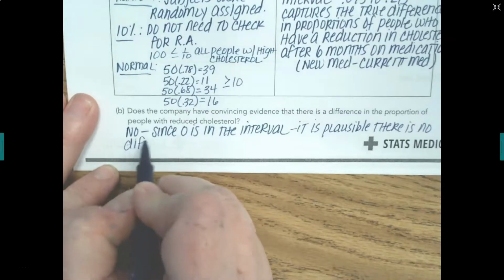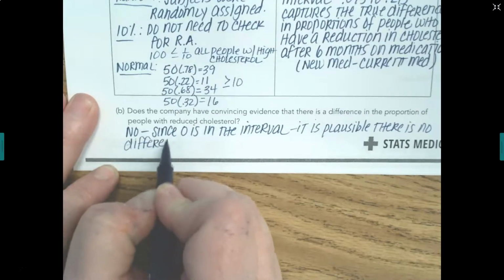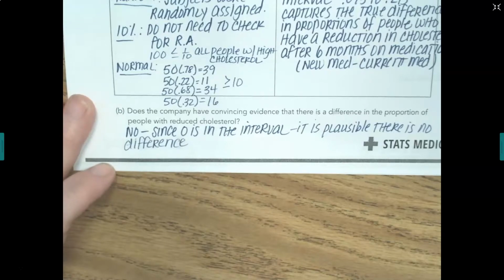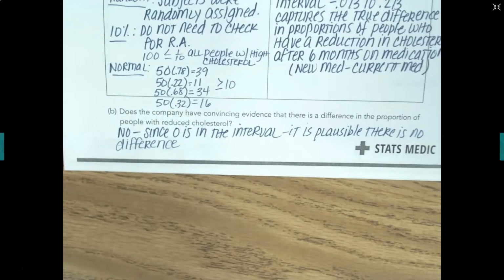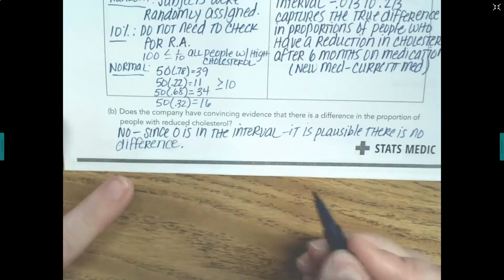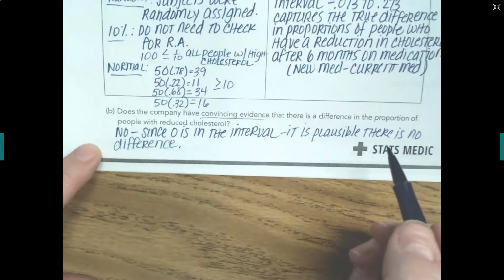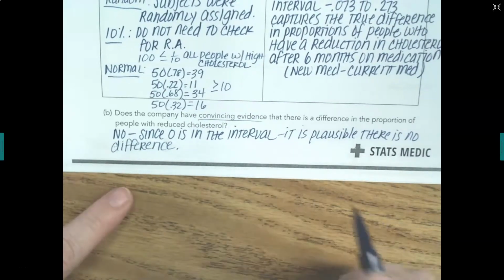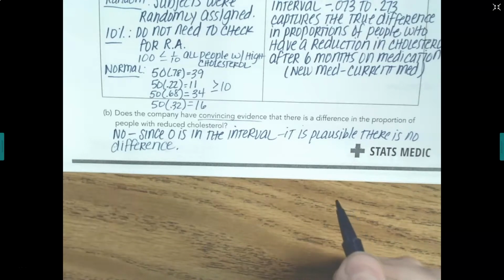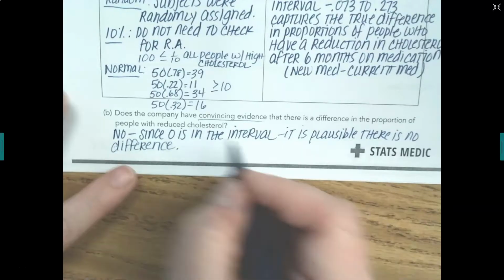Now I want to add a little bit more to this to get the points for AP. We said 0 is in the interval, it is plausible there is no difference. Why is that true? Convincing evidence is really starting to talk about significance test. So if we have a 95% confidence interval, that means we have a 5% alpha.